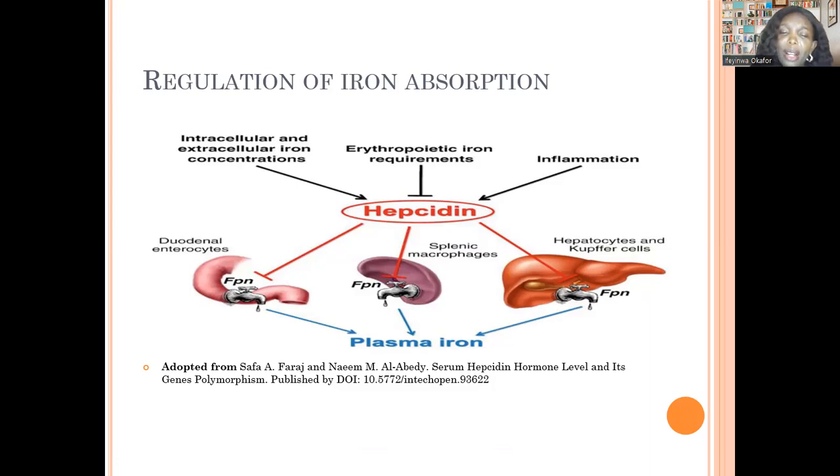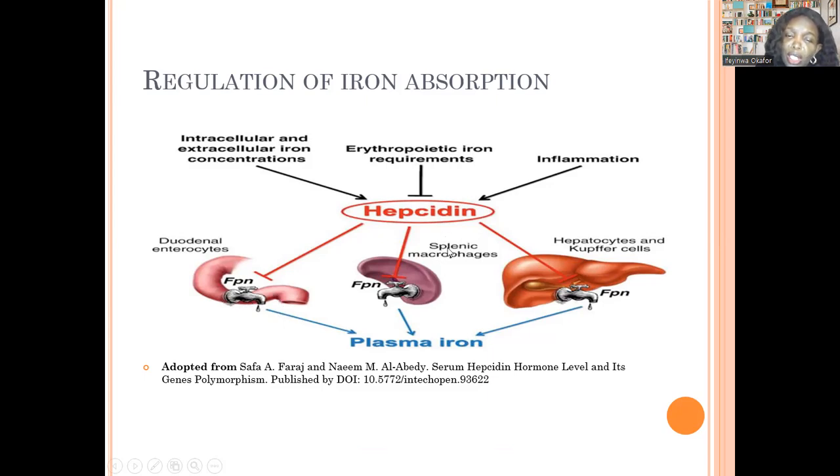So the liver cells produce more hepcidin, and this hepcidin goes to the duodenal enterocyte and blocks the ferroportin channel, which is the channel that allows iron absorption from the diet into the circulation.